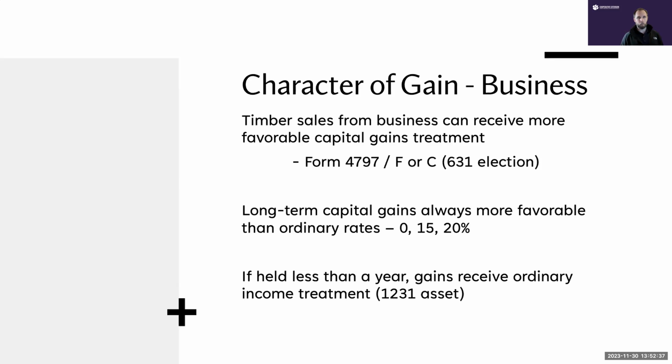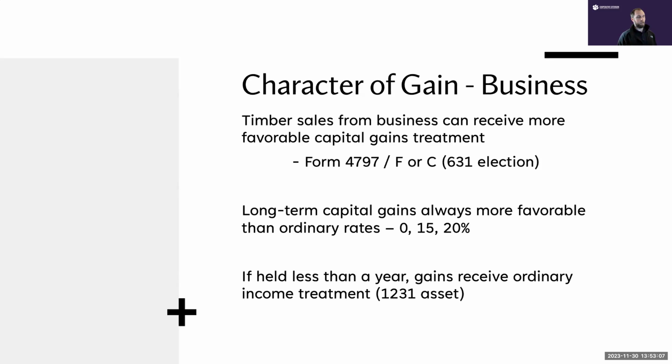I'm not going to get into the particulars of that, but basically it's as if the person sold the timber at the beginning of the year for capital gains treatment, and then they sell it again, and there's some ordinary income recognition from that. But if you make that 631 election, it allows the business to also take advantage of the capital gains rates, which again are always going to be more favorable.